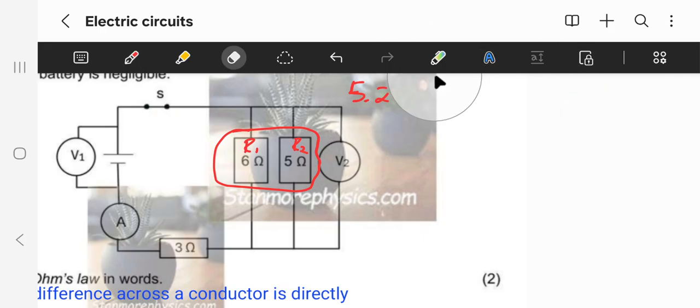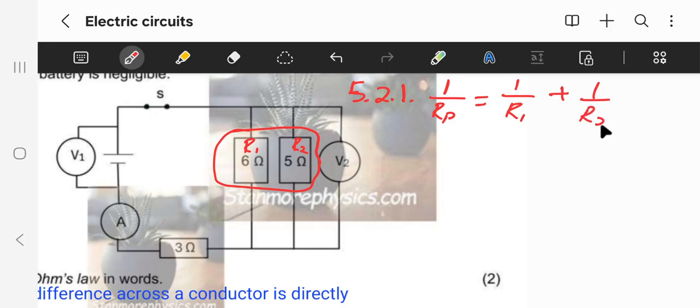The second option, guys, is for us to use the formula 1 over Rp is equal to 1 over R1 plus 1 over R2, and then we substitute. So we'll have 1 over R1, which is 6, plus 1 over R2, which is 5. If we deal with these numbers, they should give us 11 over 30.